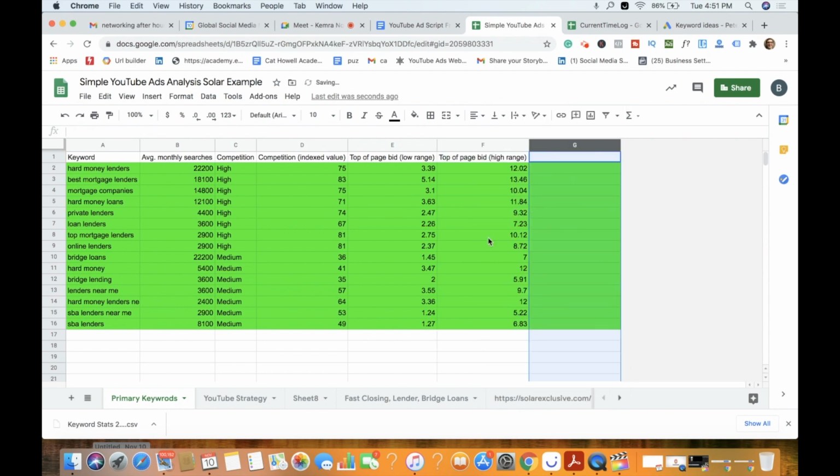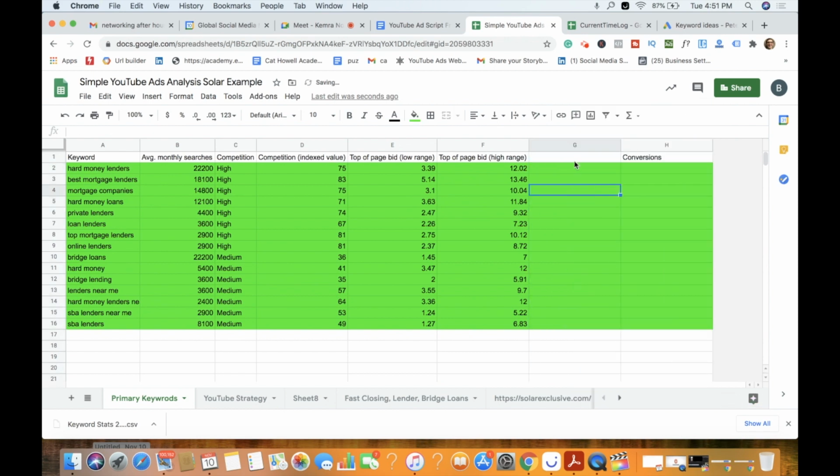So I would do another column here. And once you start running ads, I would start recording what the conversions are, like how many conversions you get from those keywords. And then I would look at cost per conversion. That will give you, once you start running the ads, right? I can't give you this data right now because you haven't run the ads, but what Google is saying is, here's the range.